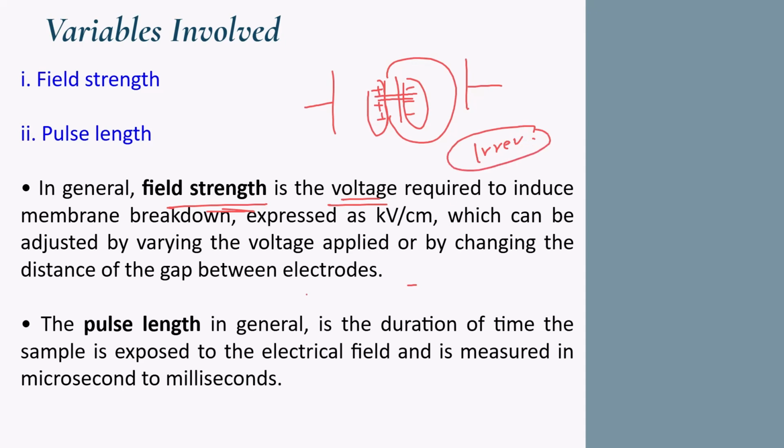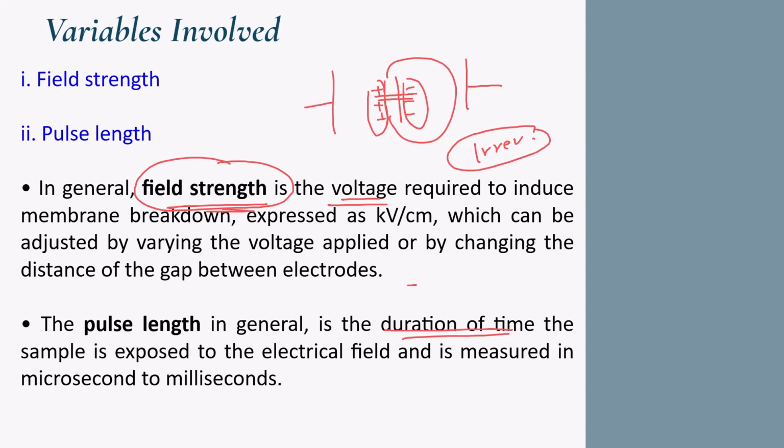Then pulse length is the duration of time the sample is exposed to the electric field. That is the time for which the sample should be exposed to that particular field strength for this potential difference or pore formation to occur. That time is the pulse length.